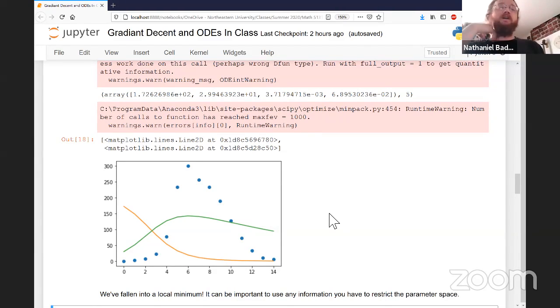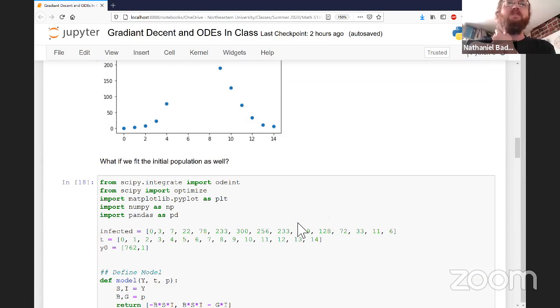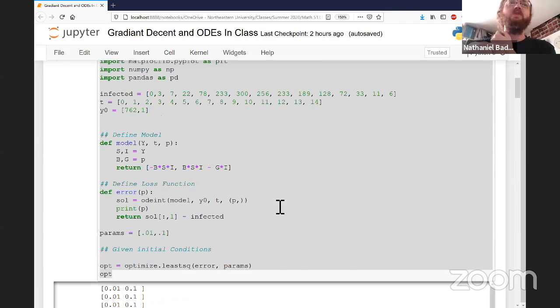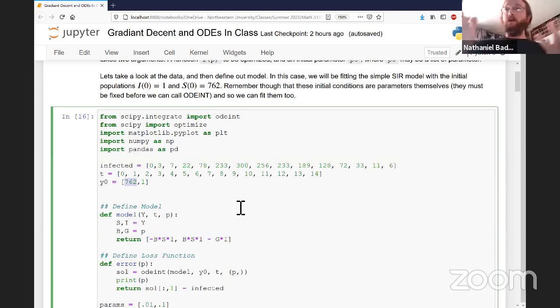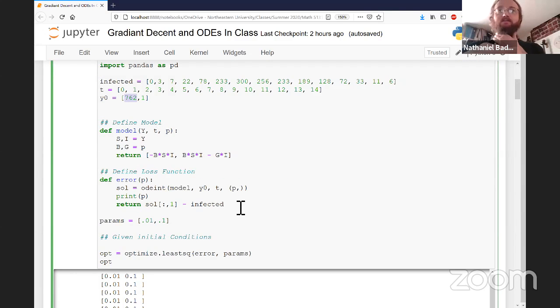In just a second, we'll see an example where we really should fit the initial conditions as well, because the information is noisy, right? In this case, we want to keep the initial conditions set because it's actually one of the few pieces of information we really know concretely, right? At the beginning, there are 762 susceptible students and 1 infected student. If that is a fact of the matter, then we want to hard code that in and not fit it.